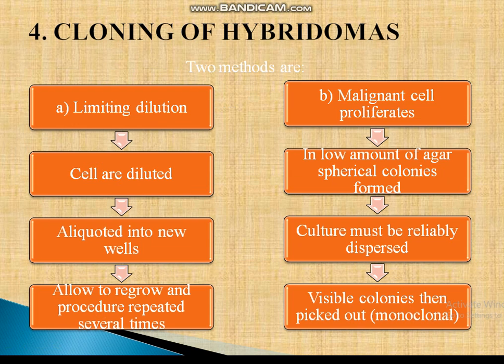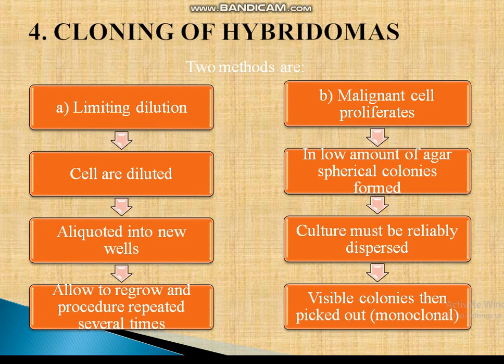Now the next step is cloning of hybridomas. Basically two methods are used. First, limiting dilution. Second, malignant cell proliferation. So what is happening in limiting dilution? We are diluting it again and again until we get the desired antibodies.